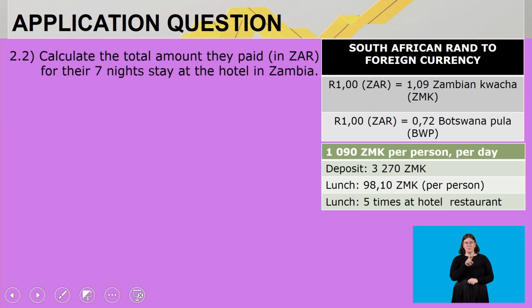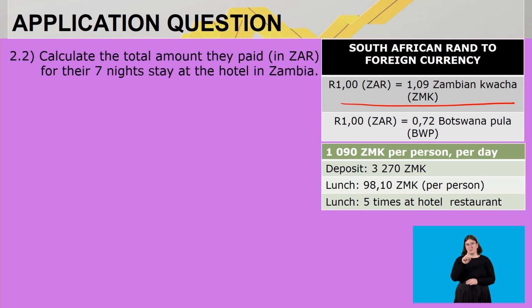Question 2.2. Right, here we are saying, calculate the total amount they paid in South African rand for the 7-night stay at the hotel in Zambia. So now we'll be looking at this part here, right? What else is important? Let's quickly run through that again. Per day, they've been charged 1,090 Zambian kwacha per person, that's per day.